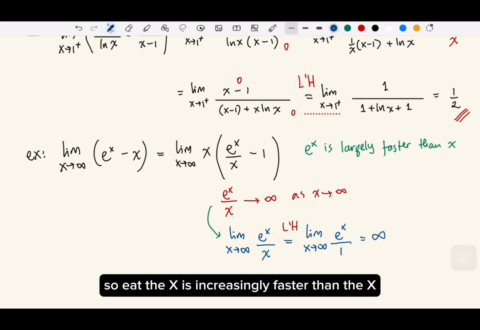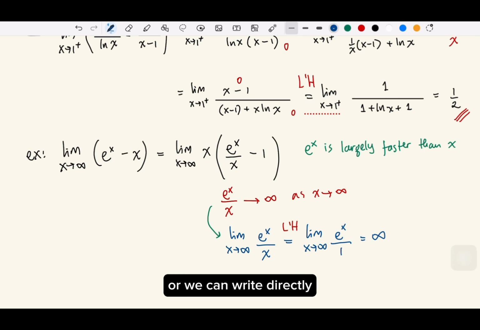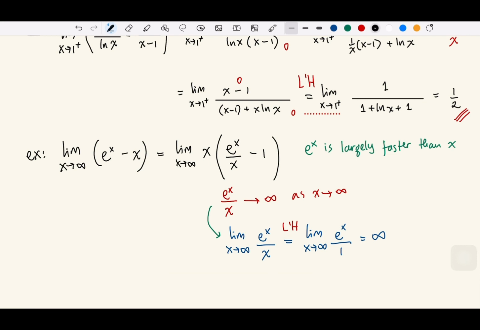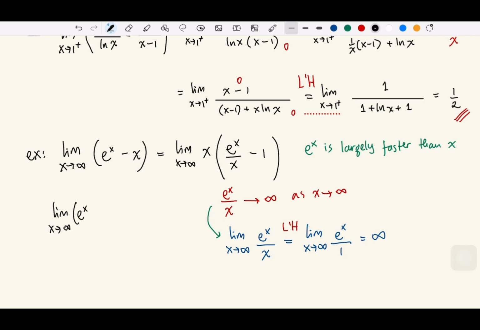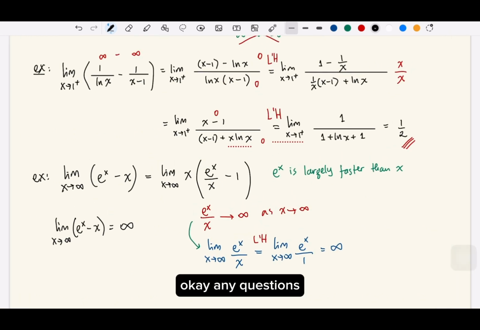So e to the x is increasingly faster than x, which means this whole thing is equal to infinity. Or we can write it directly, by understanding the curve, this will be infinity. Okay, any questions? So basically the idea is to make it a 0 over 0 or infinity over infinity situation.